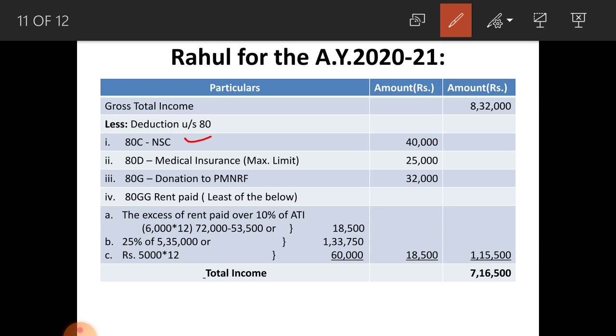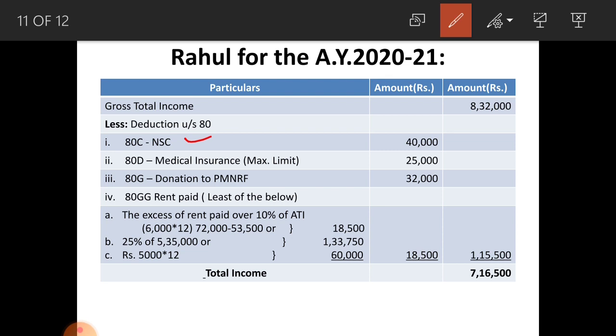When you deduct this 2 lakhs plus 40,000 plus 25,000 plus 32,000 from 8,32,000, you get 5,35,000 as adjusted total income. In this problem I have not shown that calculation, that is why I am explaining.